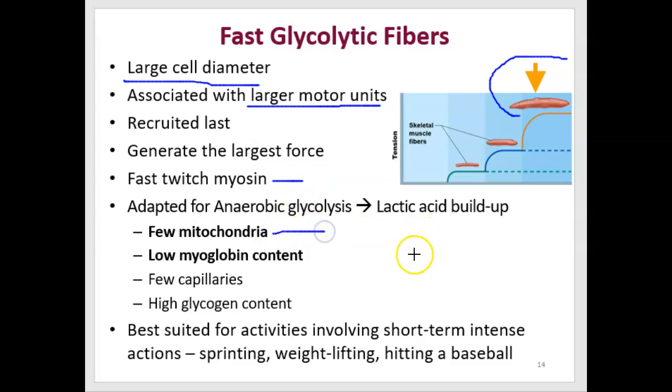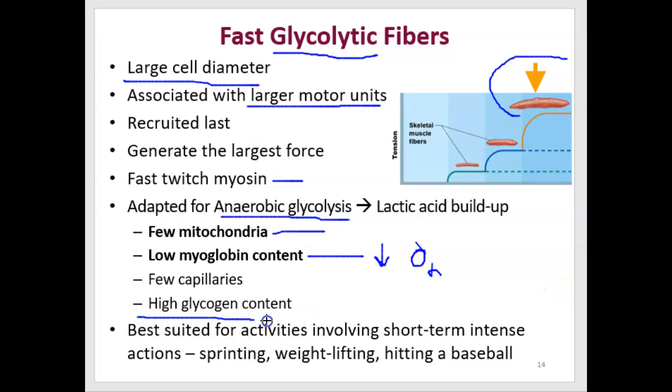Not very many mitochondria. Not a lot of myoglobin, so low O2, but that's okay because they're not going to use oxygen anyway. They're going to use glycolysis to make ATP.